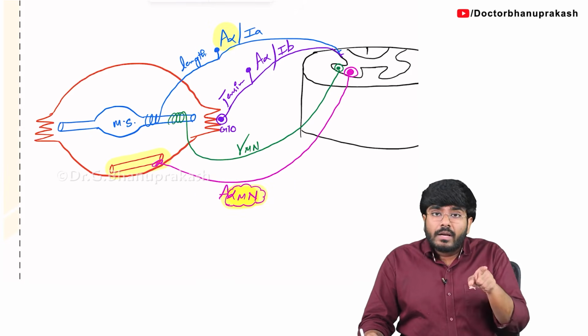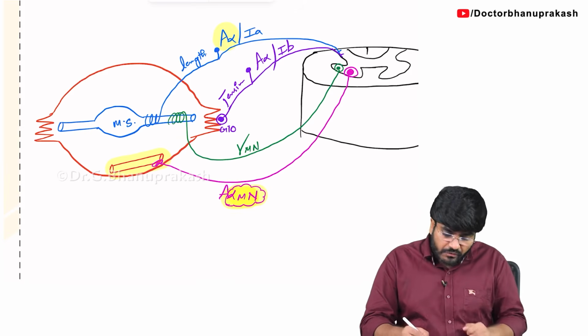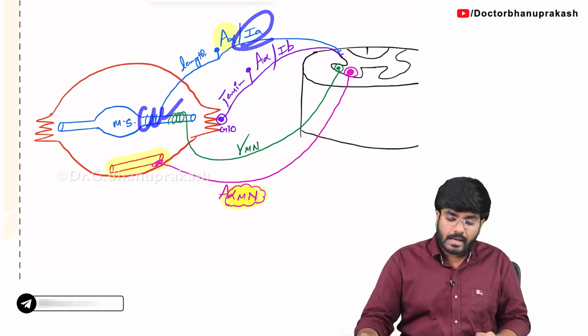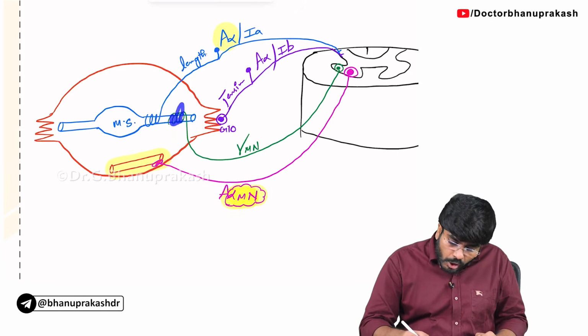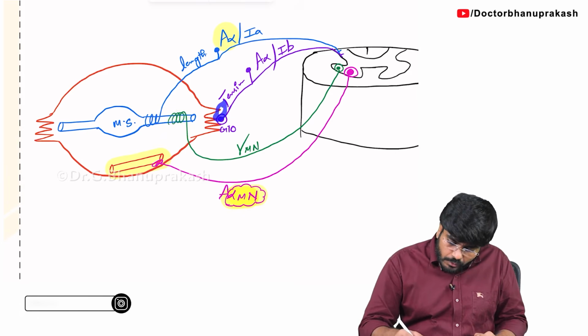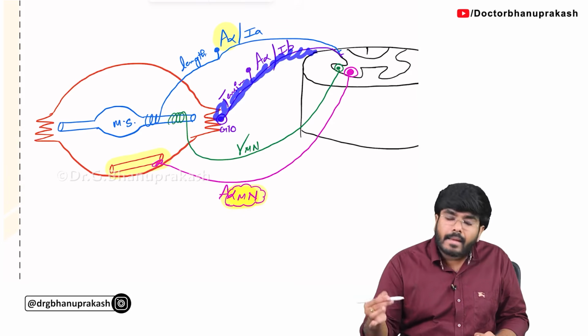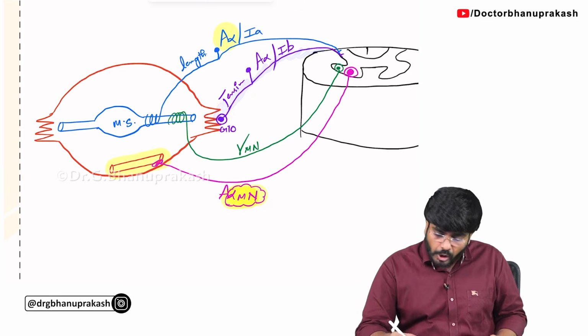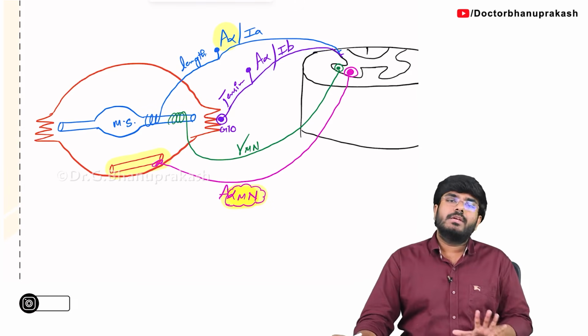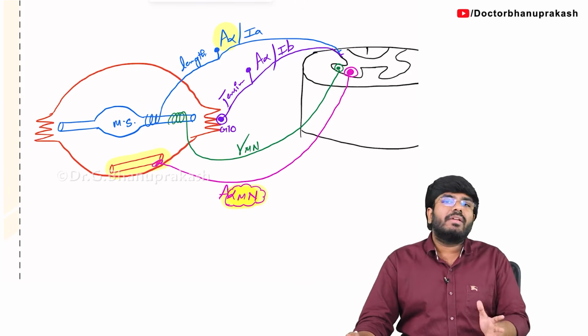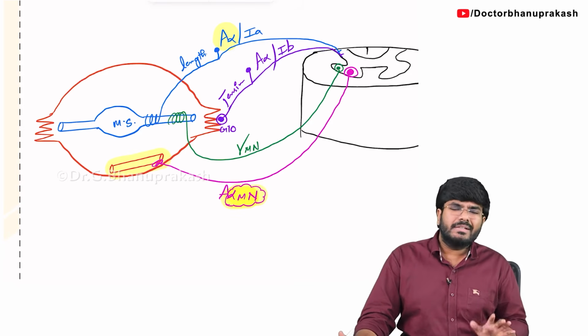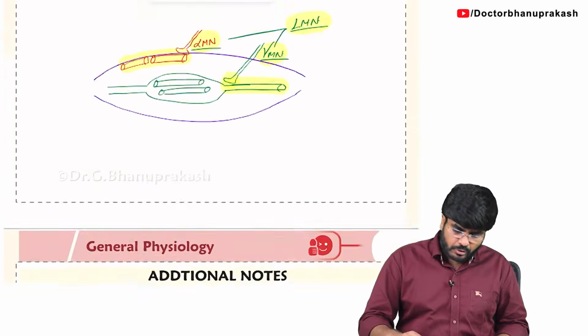The alpha neuron which is taking the information from the muscle spindle is called 1A, and the alpha neuron which is taking the information from the Golgi tendon organ is given the name 1B. So I hope you won't have any problem in understanding. Actually it's a little tricky, but now it should be clear for you.